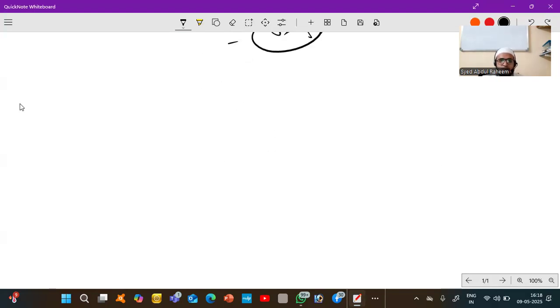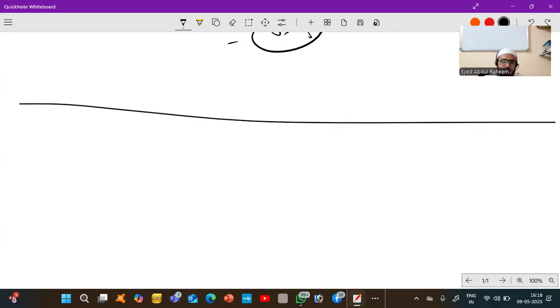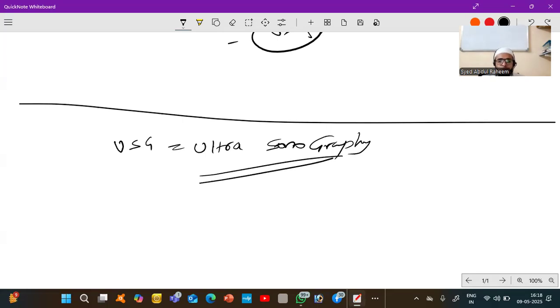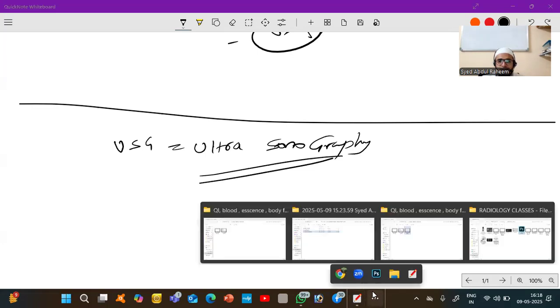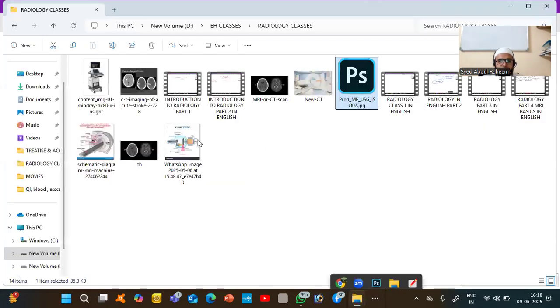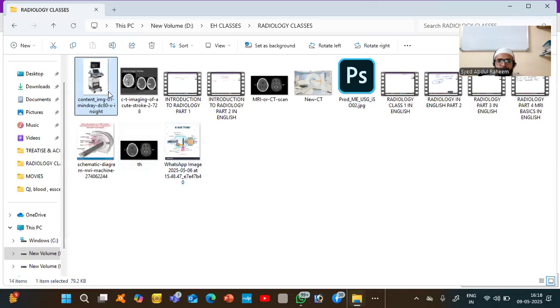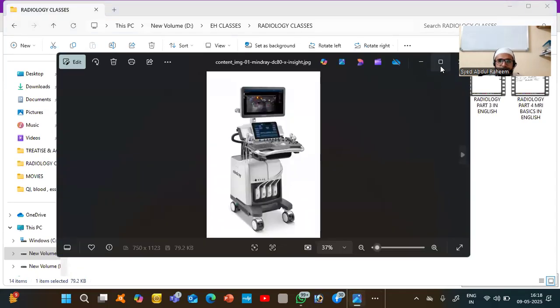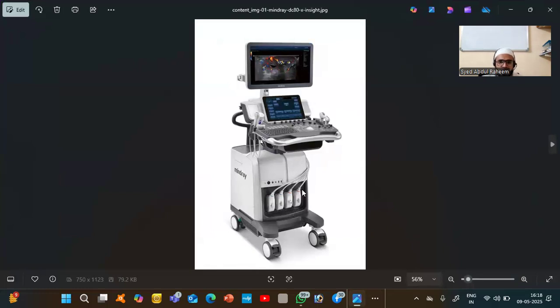So first is the machine, the ultrasonography machine, USG. USG stands for ultrasonography. This is the full form of ultrasonography. So let's see the image of the machine. You can see that this is the ultrasonography machine.